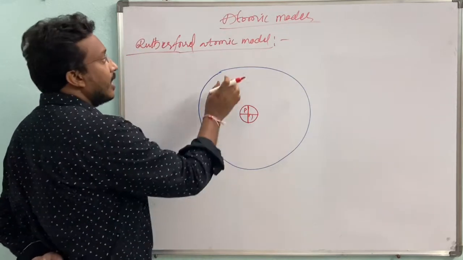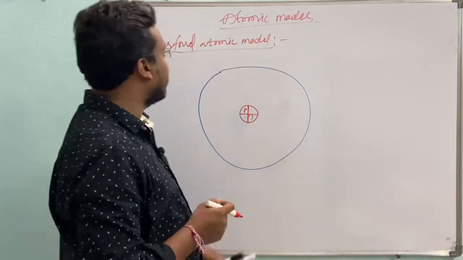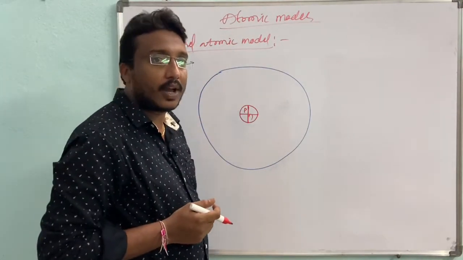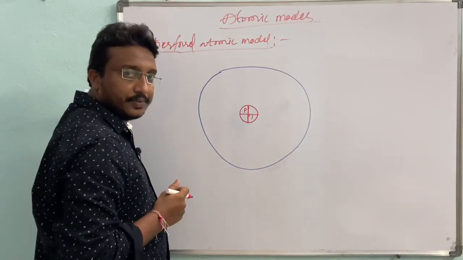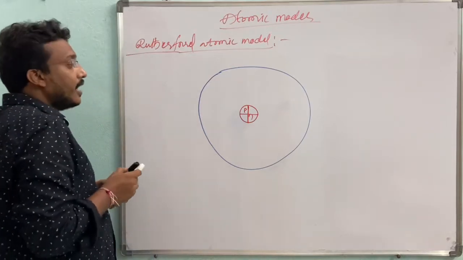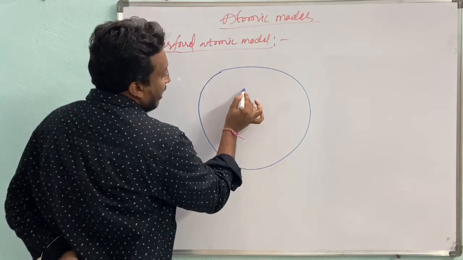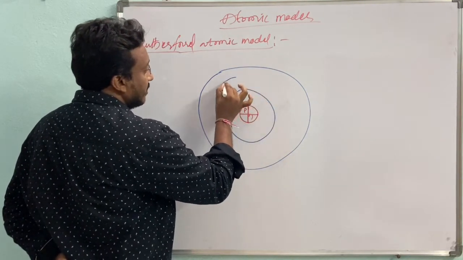That's why this model is also called the nuclear model. That means the nucleus was introduced by Rutherford. And he said that electrons revolve around the nucleus.